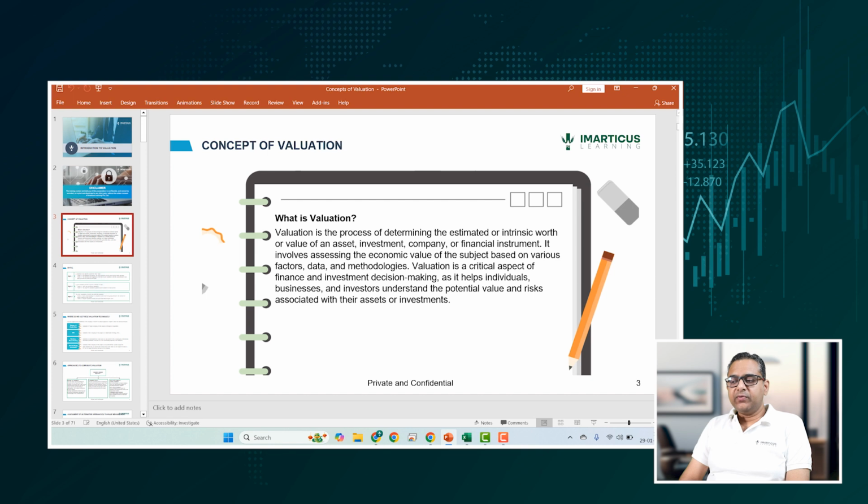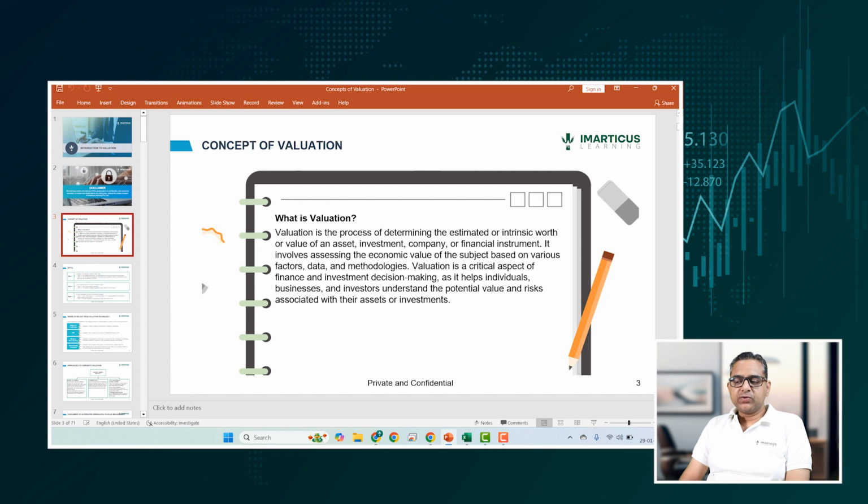So at various steps in our day-to-day life, and in terms of various financial decision making, like when an analyst wants to give a recommendation for a particular stock, the analyst will do the valuation of that stock and then figure out what recommendation should be given: buy, sell, or hold, based on a comparison of the intrinsic value that the analyst comes out with versus the current market price of that stock.